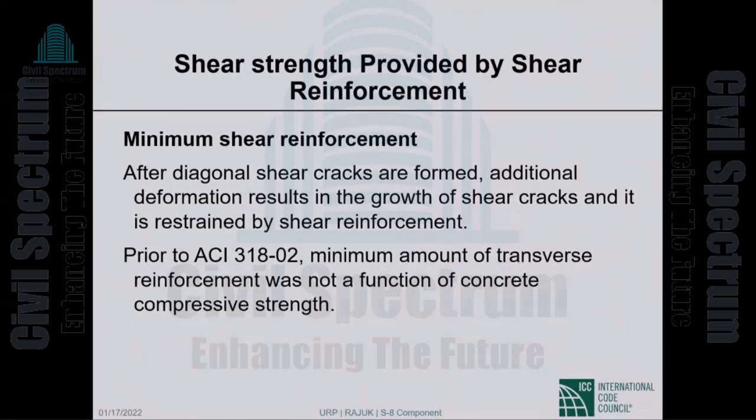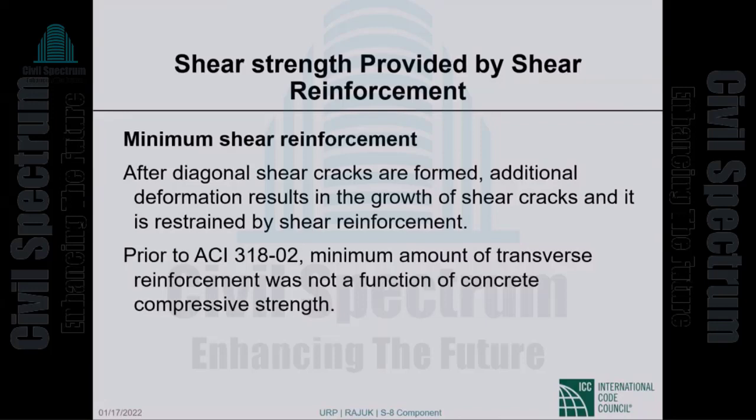Minimum shear reinforcement. After diagonal shear cracks are formed, additional deformation results in the growth of shear cracks, and it is resisted by shear reinforcement. This is very, very important to get in your heart even. Okay, so this is how it always is.